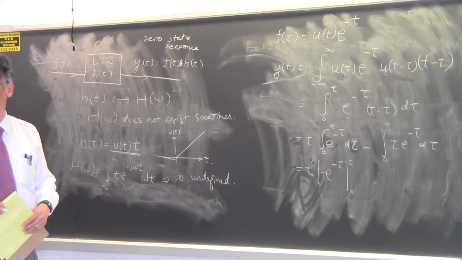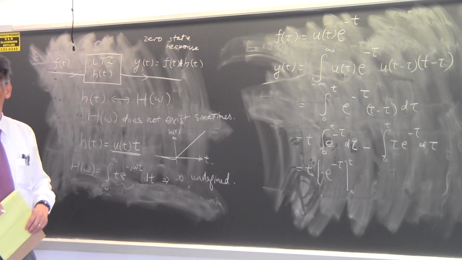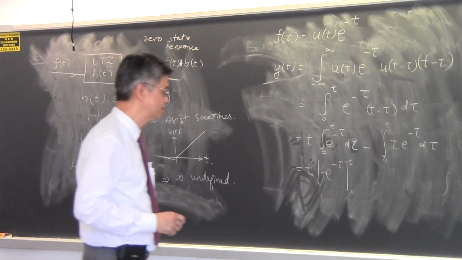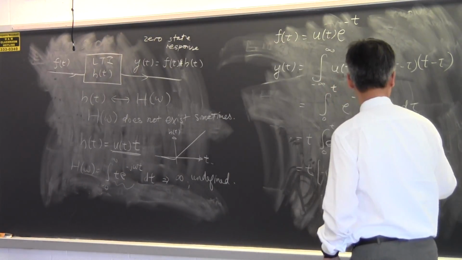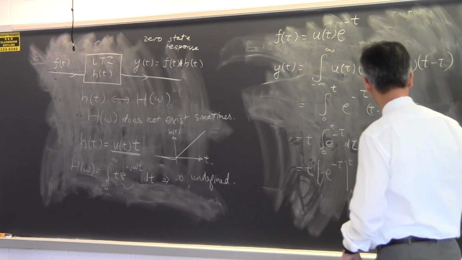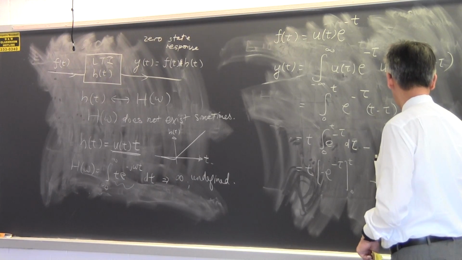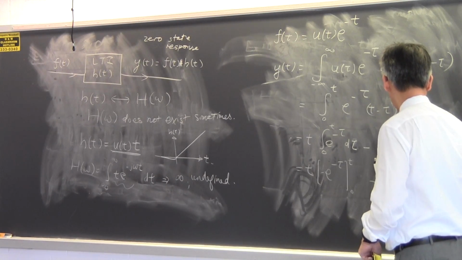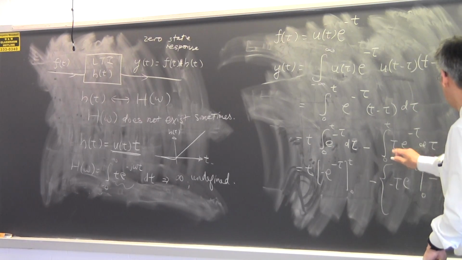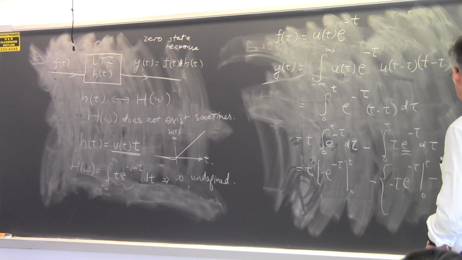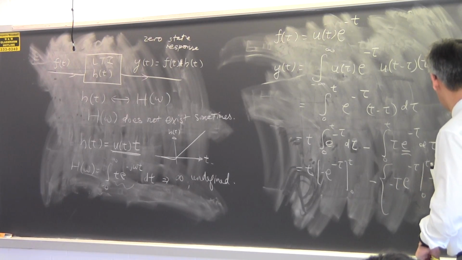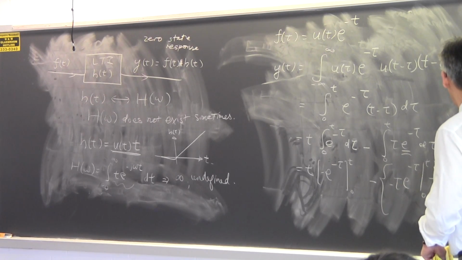The second term, how do I integrate that? I can use integration by parts, and I can integrate this one first. If I apply the integration by parts rule, I will get minus tau e to the minus tau from 0 to t, and then I have to differentiate this one, giving e to the minus tau, and because when I integrate this I get a minus sign, that goes away.